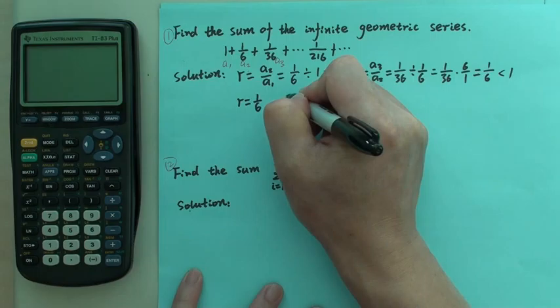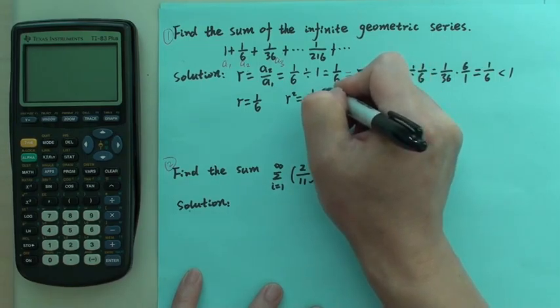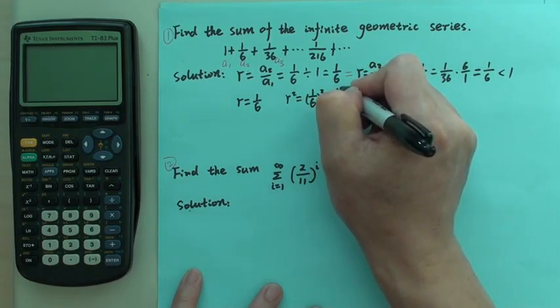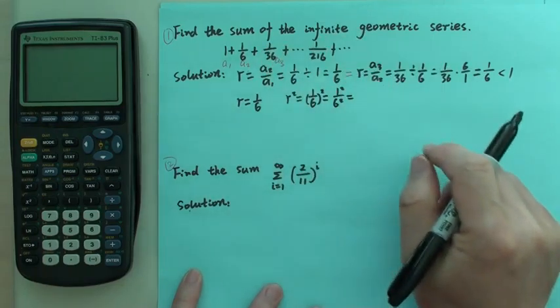R squared is 1 over 6 squared, which is 1 squared over 6 squared. Actually, it's 1 over 36.